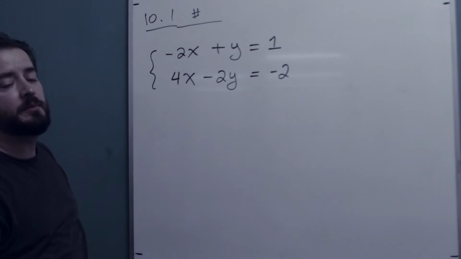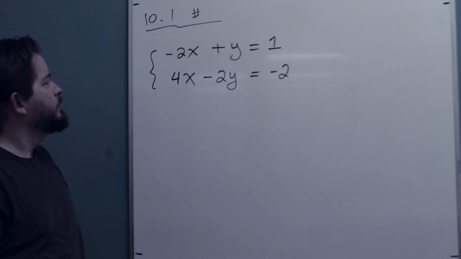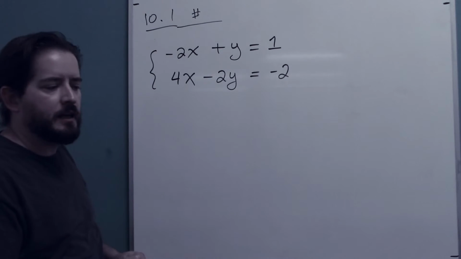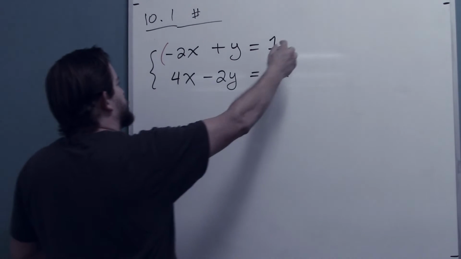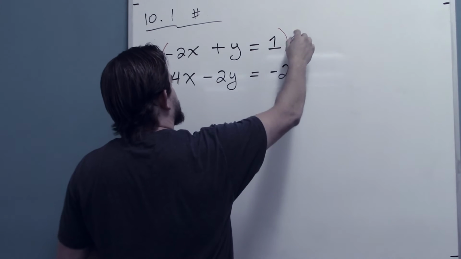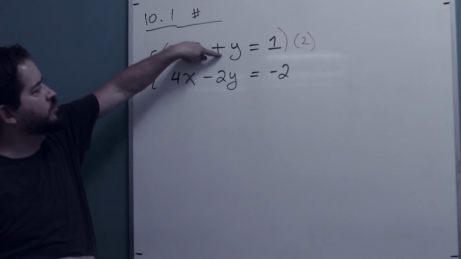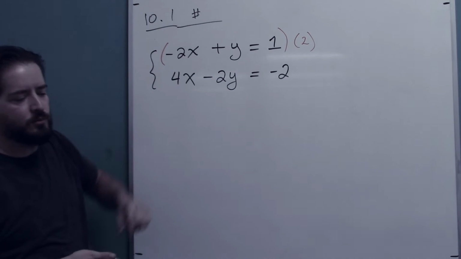So these aren't going to be the same line. But I'm going to go through the motions here. If you can't recognize that, and sometimes it's not easy to, I would multiply the top one by 2, looking maybe at my y's to get a 2y so that I can combine with negative 2y to eliminate.